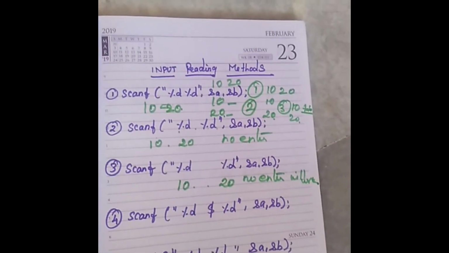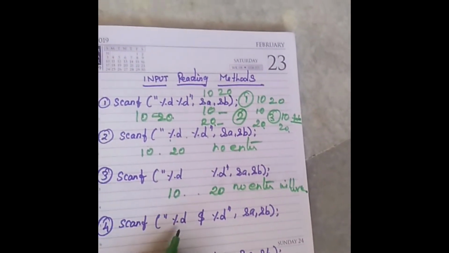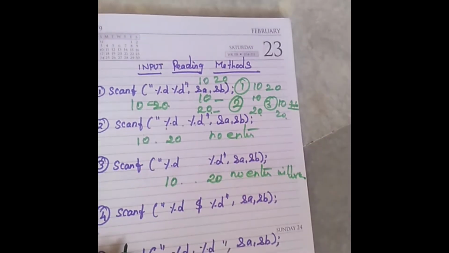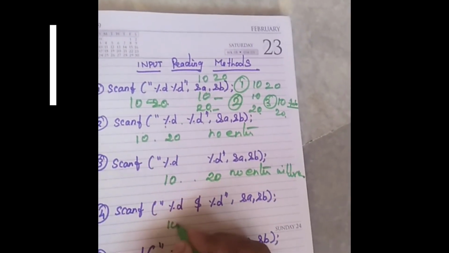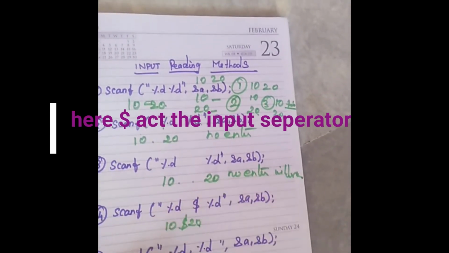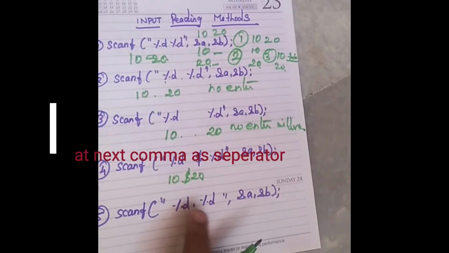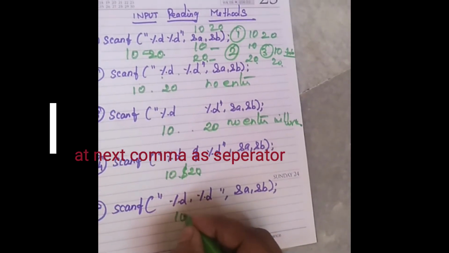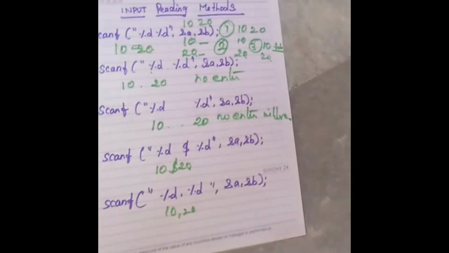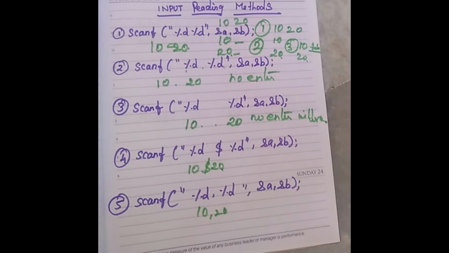We are formatting: scanf("%d,%d"). What do we give as input? 10,20. Here instead of a space we used a comma, so 10 comma 20 is the way to read the input from the user.